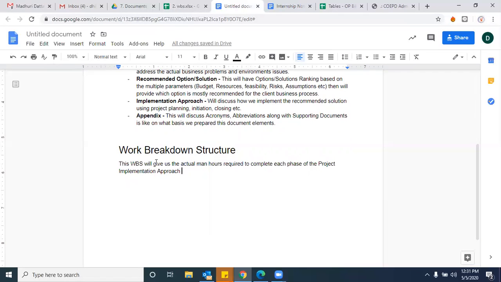So this work breakdown structure will give us the actual man hours required to complete each phase of the project implementation approach, including the costs incurred by each phase, right or wrong, each phase.